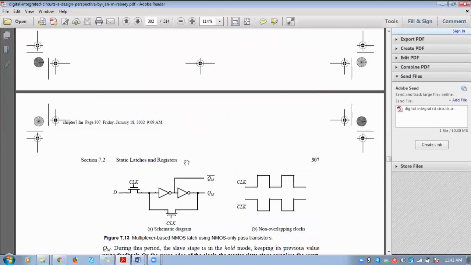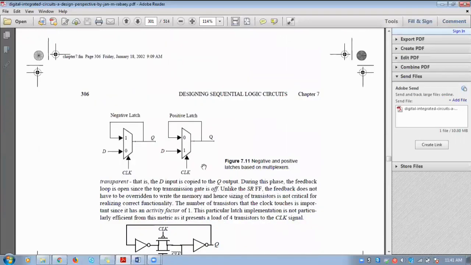So we have already seen the design of a negative and positive latch. See here. Negative latch means D is connected to 0. Positive latch means D is connected to 1. So as per the design, we have specified it is a positive edge triggered register, right? So my slave, that second stage, is a positive latch and the first stage, your master, is a negative latch.